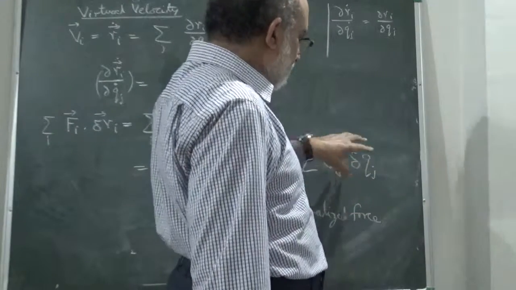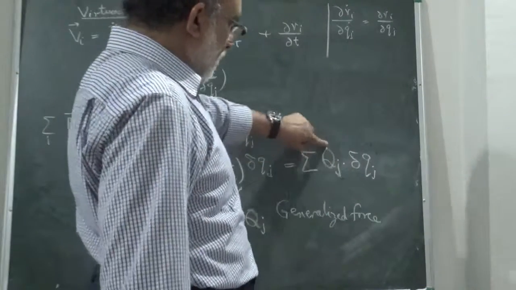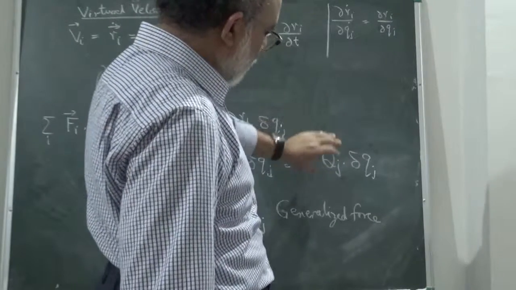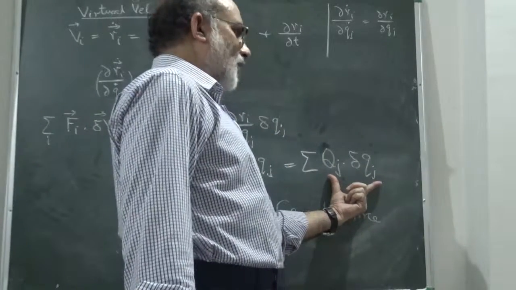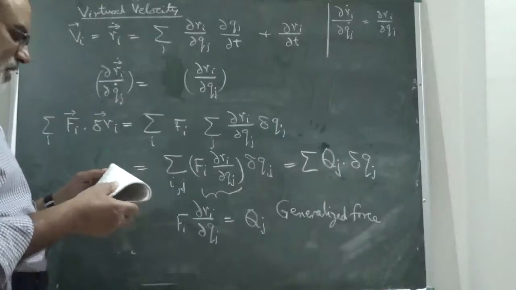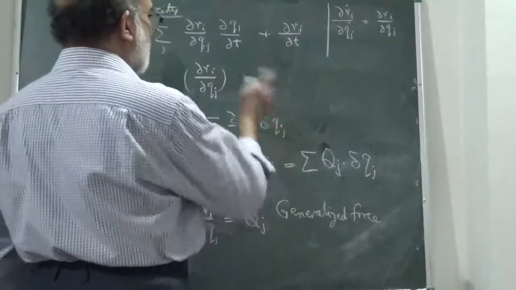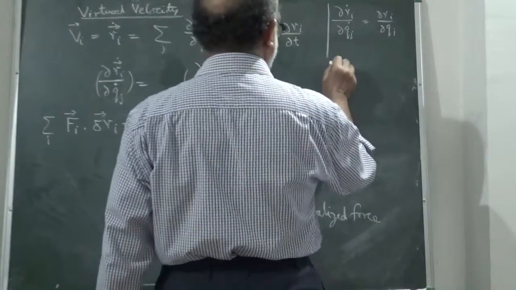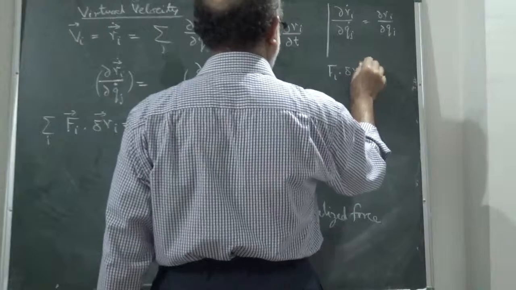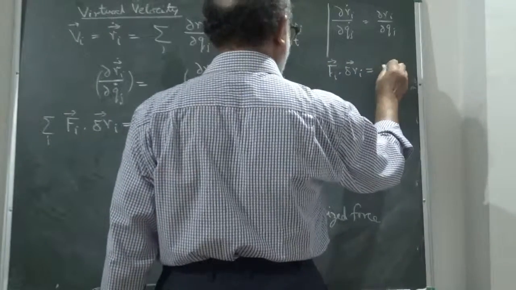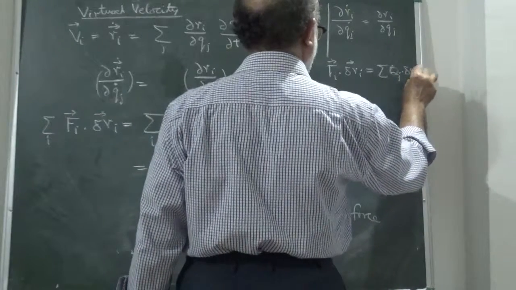The generalized coordinate may not be a length, so the dimension of Qj may not be that of force, but the product will have the dimension of work. So one part we have found is that Fi dot delta Ri is equal to Qj delta Qj.